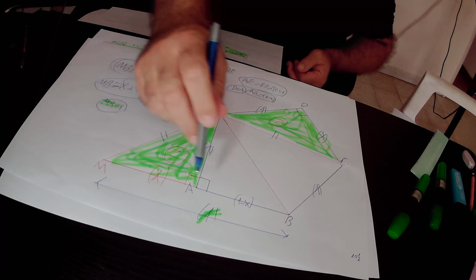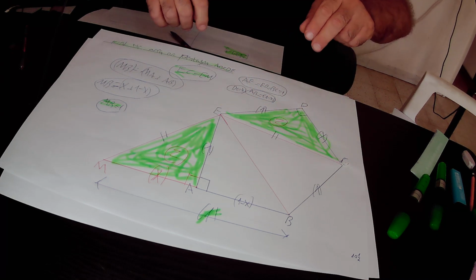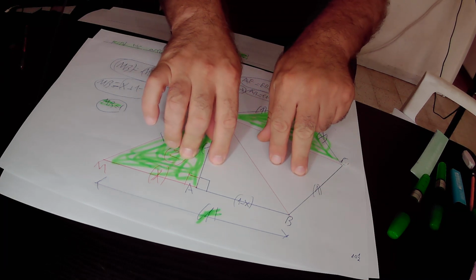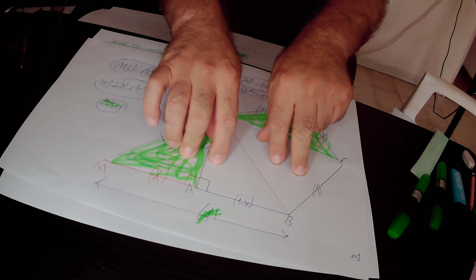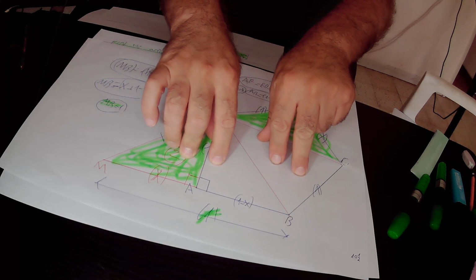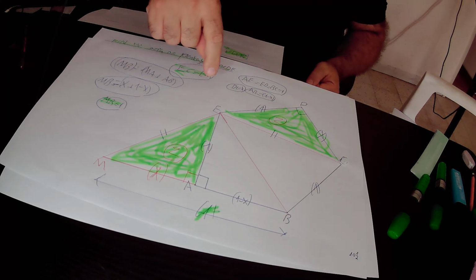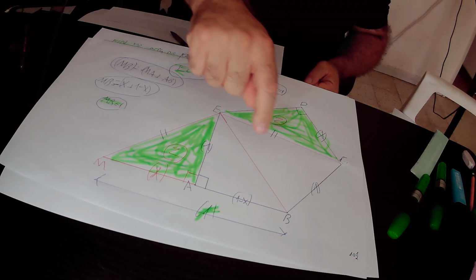Quadrangle EMBC consists of those two shapes, triangle EMB and triangle EBC.